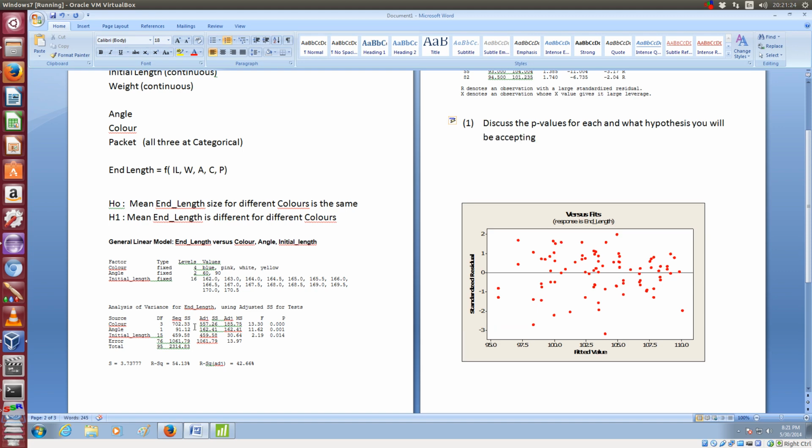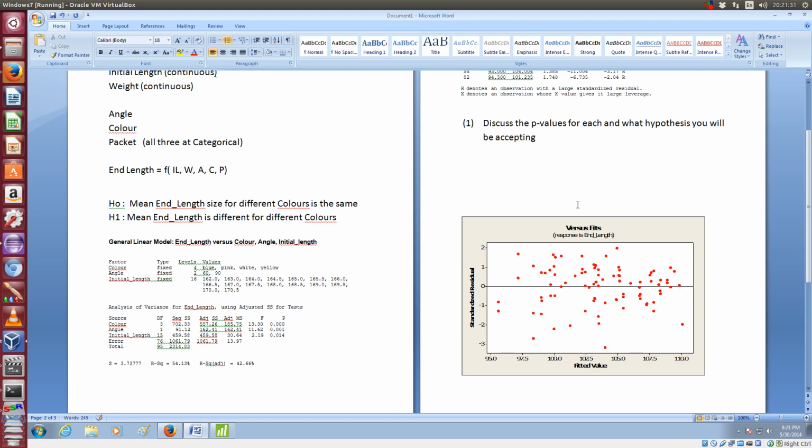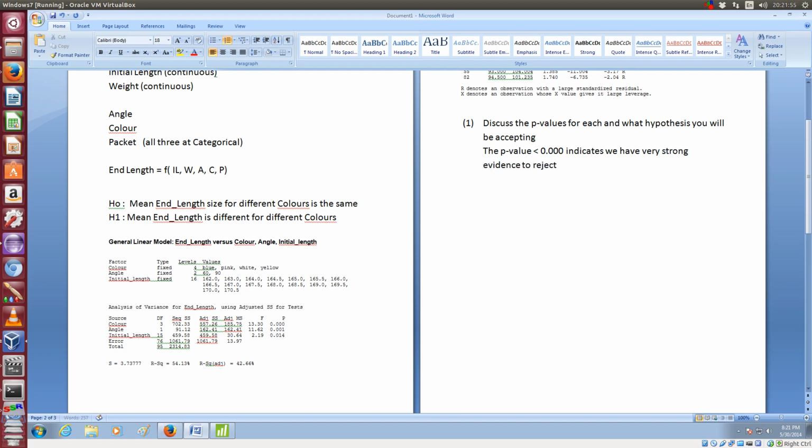So if we take the first one as an example, the color, we've got a p-value of 0.000, so the p-value, or should I say, probably better worded, a p-value of 0.000 is actually less than that, indicates we have very strong evidence to reject the null hypothesis.